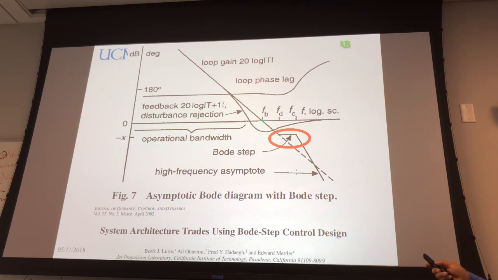This is the crossover slope, and the crossover slope should be less than an integrator, less than a double integrator, and then you should go a step in here roughly. Then you roll off steeper, with high frequency asymptotes a little bit steeper. So this basically is the one Bode suggested.